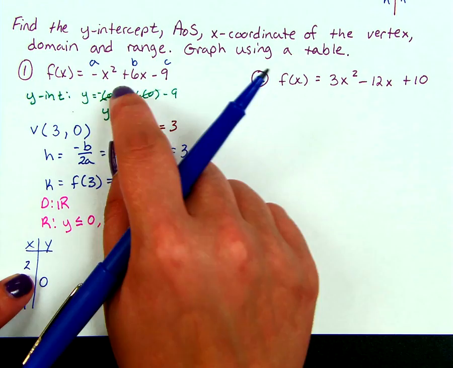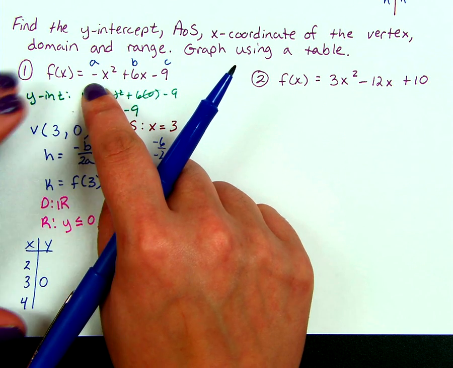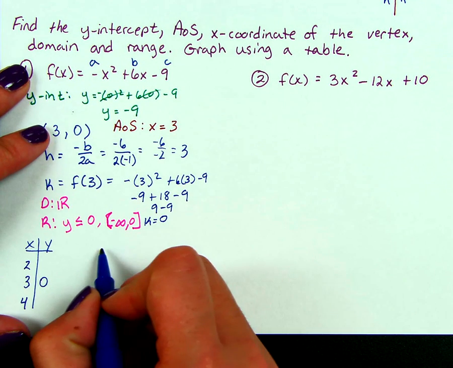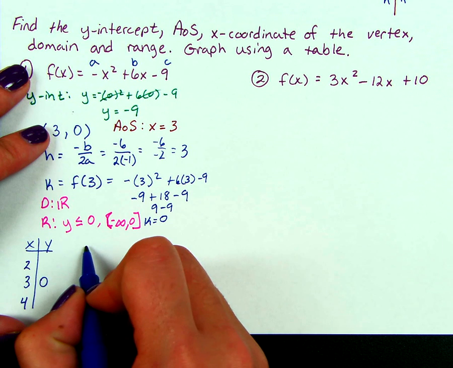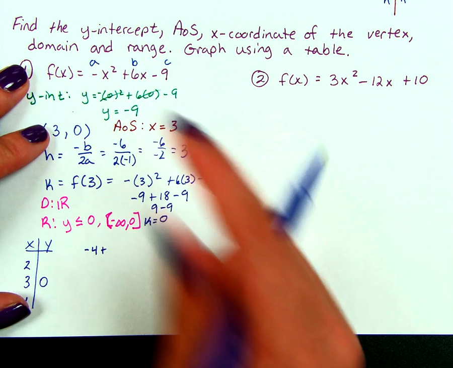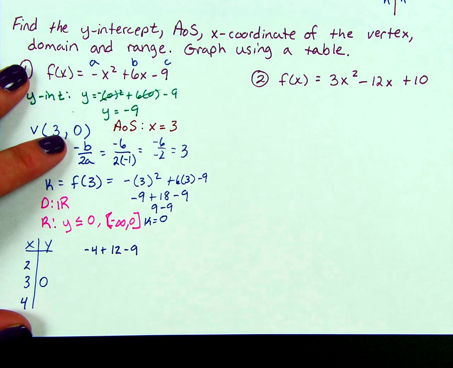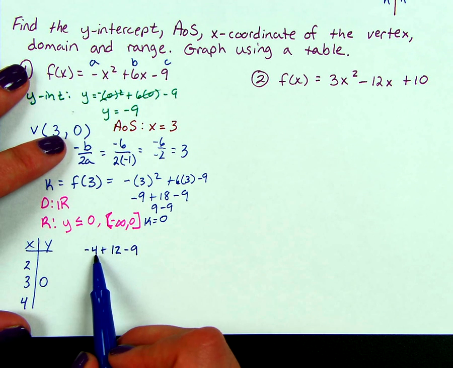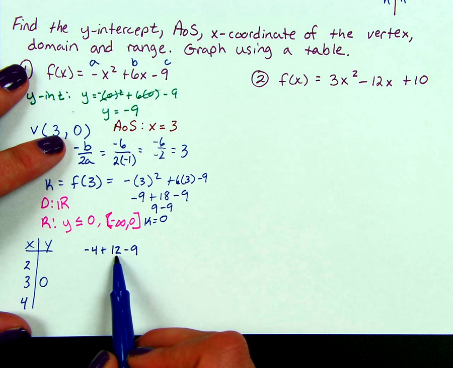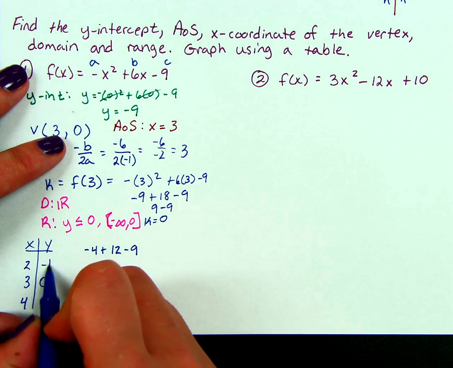If we start with 2, 2 squared is 4, and then it would become negative. So do a little side work here. We have negative 4, and then 6 times 2 is 12, and we still have minus 9. If we combine, negative 4 plus 12 is 8, minus 9 is negative 1.